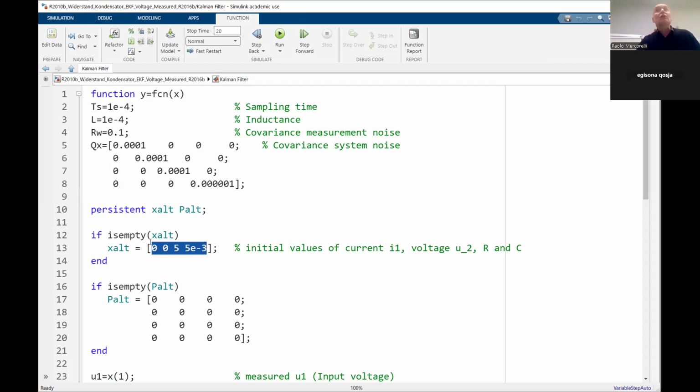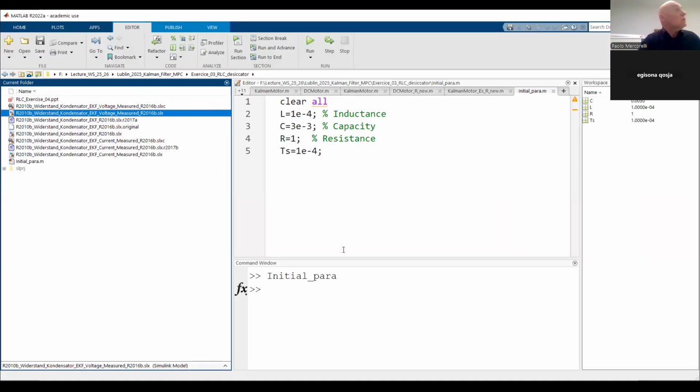In fact, if you look at their difference with the true value, I can speak about the true value. The true value can be seen in the M file. Let me show you the M file. Really, this is the true value. In practical application, well, God knows the true value. But here we know.